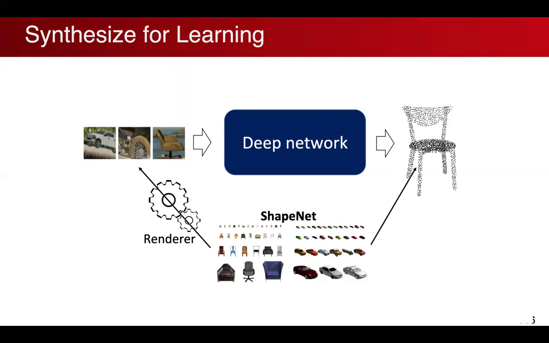So here we have a data set like ShapeNet that we mentioned in the beginning of the course. From this data set, we can render images of the elements of the data set, but we can also sample point sets from the models. And so we have a self-supervised training that looks at the images and the ground truth of the 3D shape. And we have a neural network that's going to learn end-to-end to synthesize the 3D shape from single images.